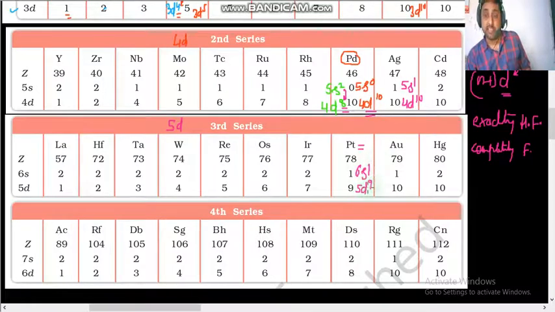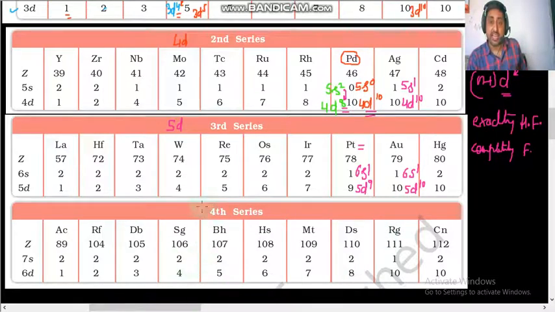Maybe the second electron may feel more repulsion, as the pairing energy demand might be more, or the exchange energy might not compensate for the transfer of the second electron. That's why it remains only 6s1 and 5d9. Again here in gold you can say 6s1 and 5d10, the completely filled electron configuration.